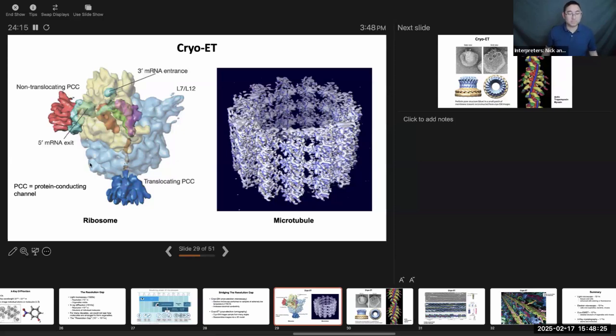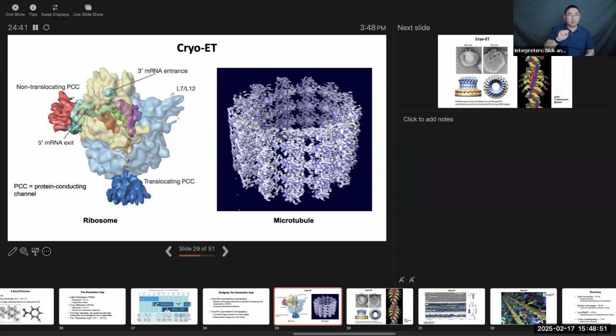Right, so that's a really detailed view of the structure of a ribosome, something that we could never see before the development of cryo-ET. On the right is the structure of a microtubule. A microtubule is also part of the cytoskeleton of the cell. There are microtubules that just help to hold the shape of the cell, but microtubules are also important because they form the mitotic spindle.